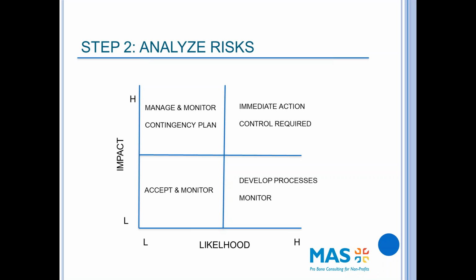If you have risks that are highly likely to happen and would have a severe impact on the organization, that's the upper right corner here. Immediate action is required there, and you need to control that. You can't just sit back and say, well, if it happens, it happens.